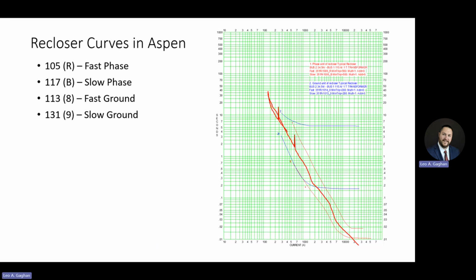The downside to that is we have tripped the whole circuit where just that one lateral or just that one tap could have isolated it. But the benefit is that we saved that fuse. We were able to trip it and reclose it successfully, and we didn't have to send a technician out to replace that fuse that had blown.